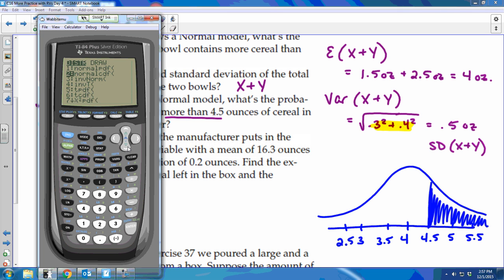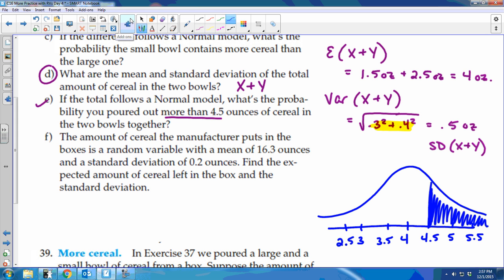Sorry, my mean's 4. There we go. I knew it was supposed to be 50%. All right, so 16% chance.